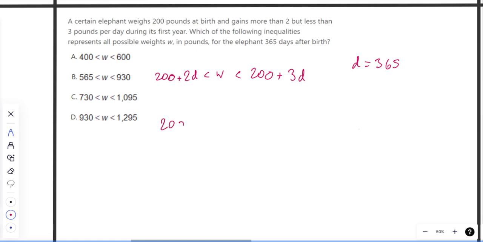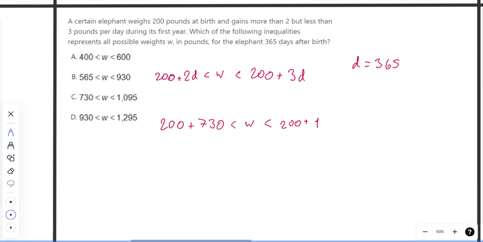So 365 times 2 is going to be, dang, like 730. And W has to be between... 365 times 3 is going to be, sorry guys, I'm trying to do it in my head.